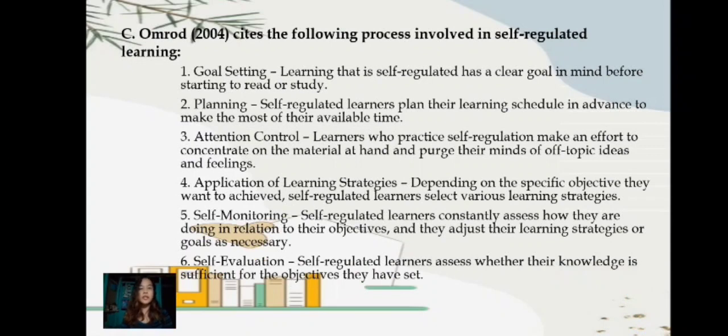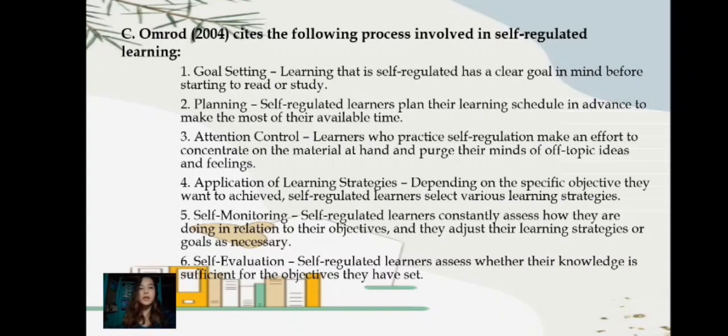Now, there are six processes involved in self-regulated learning according to Omrad 2004. First is goal setting. Learning that is self-regulated has a clear goal in mind before starting to read or study.